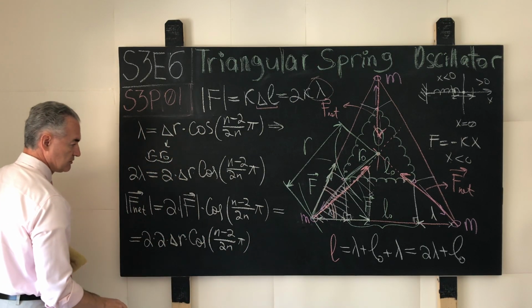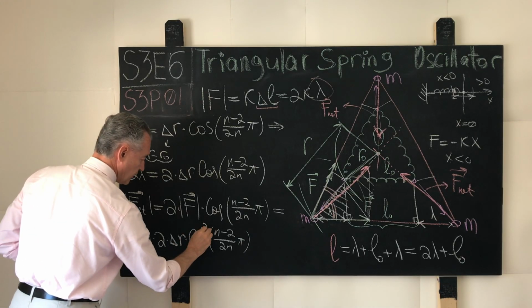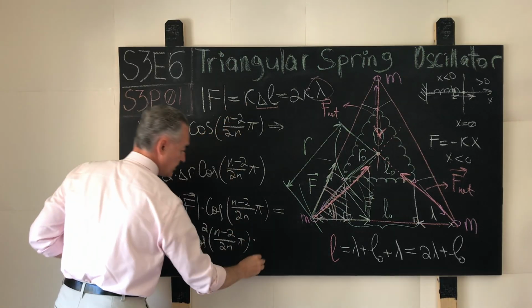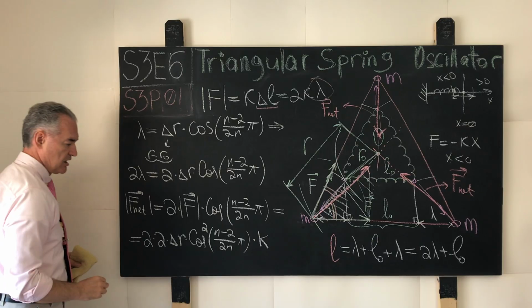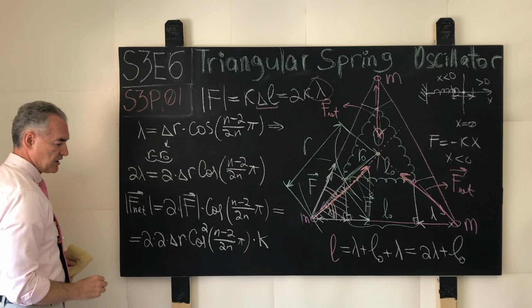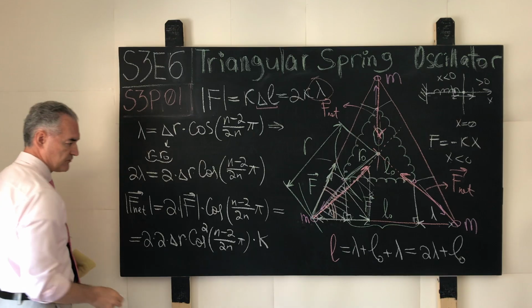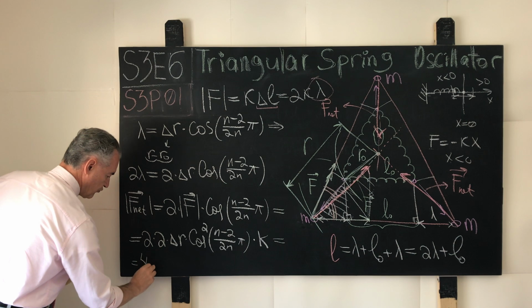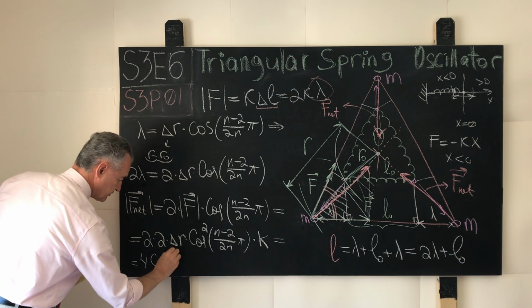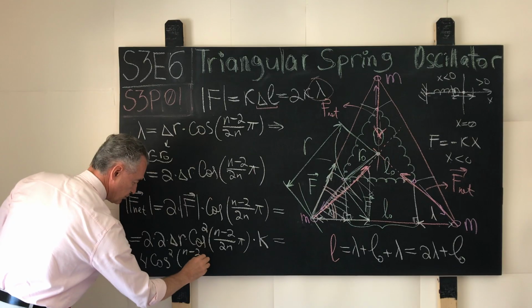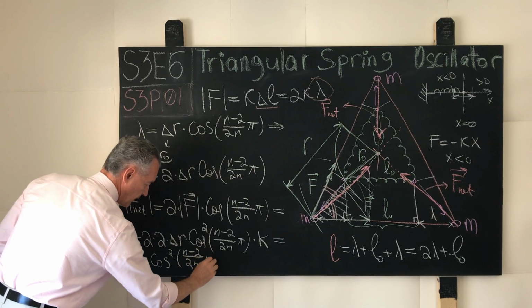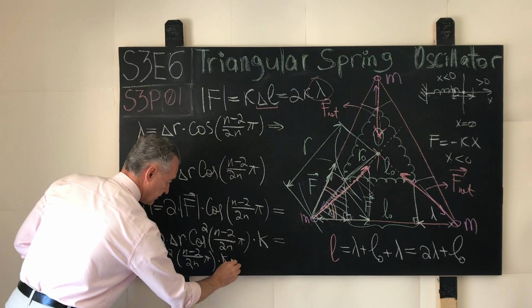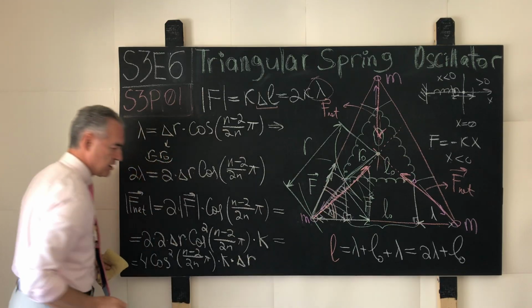So what do we have? The cosine squared, and multiplied by what? Because in f we have k. And if we rewrite this expression, now that we understand where it came from, we can rewrite it as follows: 4 cosine squared of (n minus 2) over 2n times pi, times k times delta r.